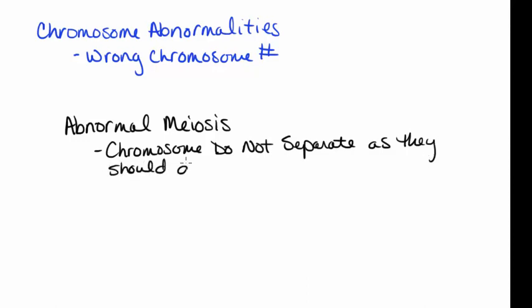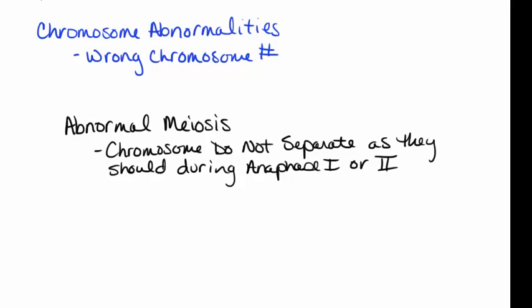And this would be during either anaphase 1 or it could be during anaphase 2. So both anaphases, or really any anaphase that we have, is supposed to separate chromosomes from each other. So if the chromosomes fail to pull apart from each other, you end up with an inconsistency between the number of chromosomes that you have on the two sides of the cell.